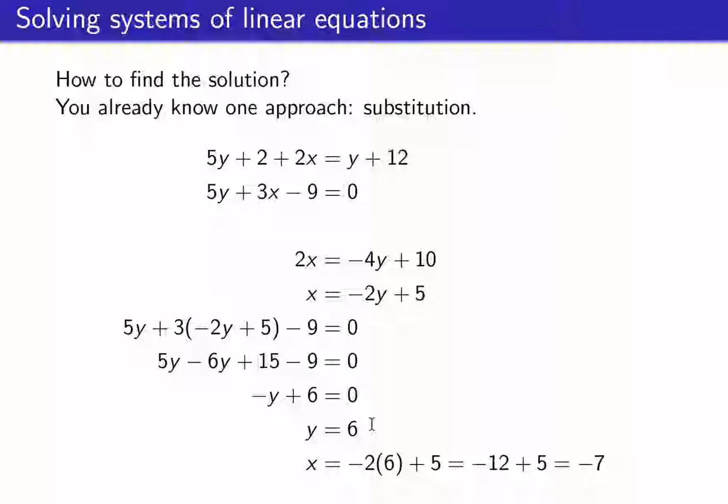And y equals 6 is not a solution, because a solution means you have to say what all the variables are equal to. So y equals 6, that's not all the variables, there's also x. So I have to plug this into here to get what x is. x equals -2 times y, which is 6, plus 5. Plug it in, you get -7. So x equals -7, y equals 6 is a solution, as I foreshadowed earlier.